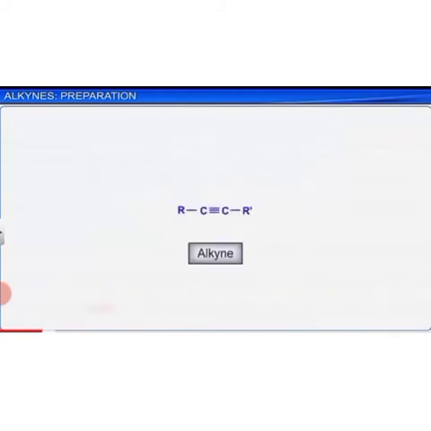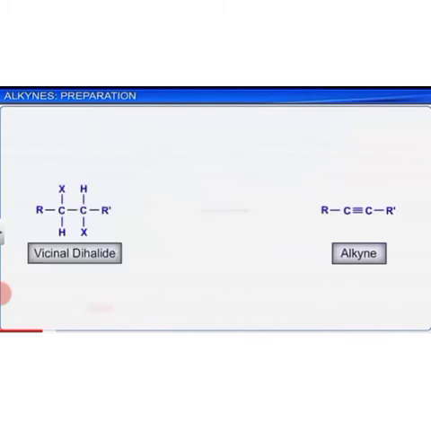Alkynes can also be prepared from vicinal dihalides, that is, 1,2-dihaloalkanes. A vicinal dihalide molecule has two halogen atoms, each linked to two adjacent carbon atoms. When treated with alcoholic potash, the molecule undergoes dehydrohalogenation.